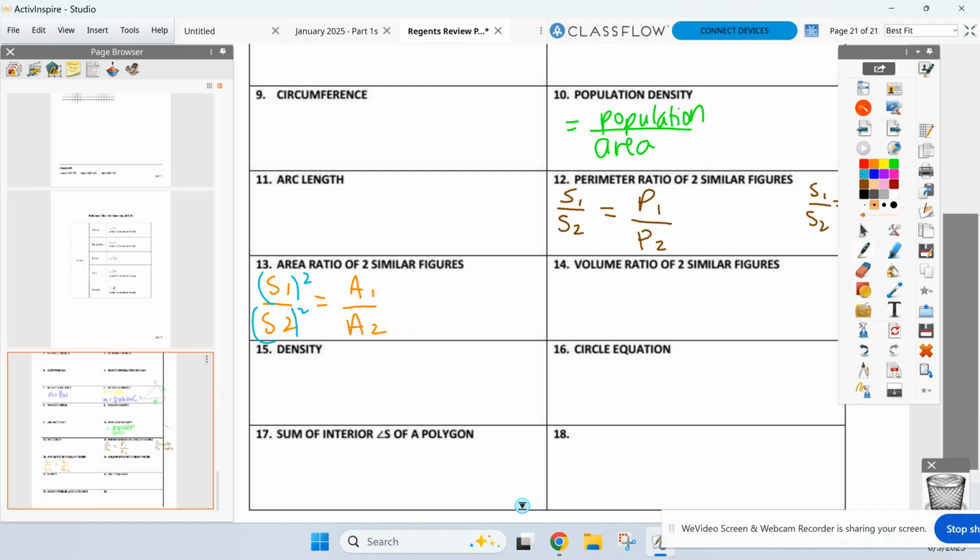So the only thing that's equal is the perimeters. And then volume, I'm sure you can guess. No, I don't keep it the same. If you want to know what ratio the volumes are in, you're going to have to cube this one. Raise it to the third.